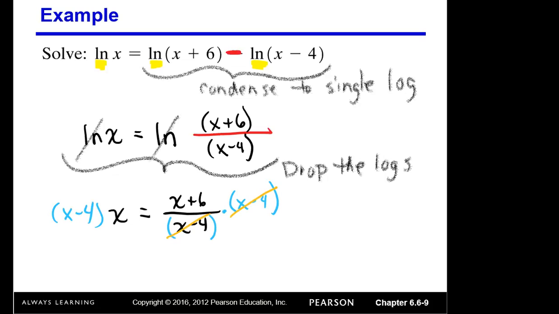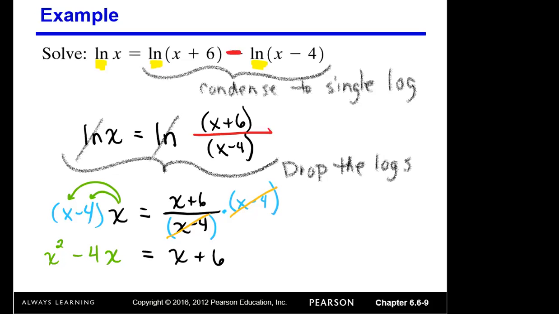On the right, however, or sorry, on the left, forgot my right from my left. On the left, I'm going to have to distribute the x. So this is going to be an x squared minus 4x equals, on the right, the x minus 4 is canceled out, and I'm left with an x plus 6.